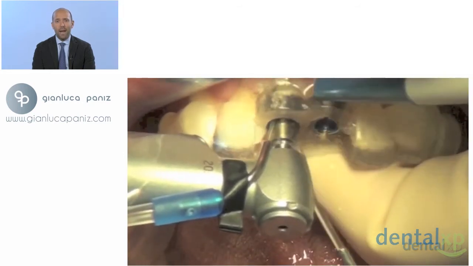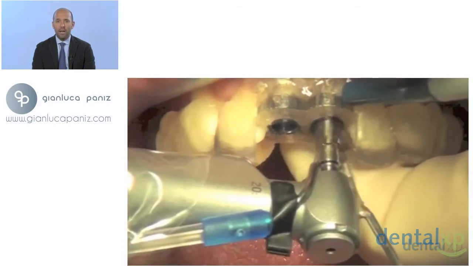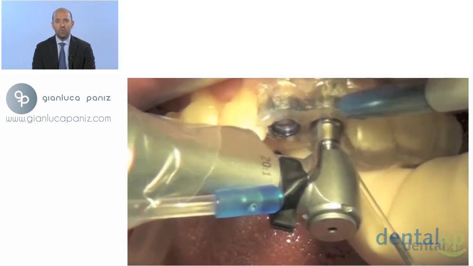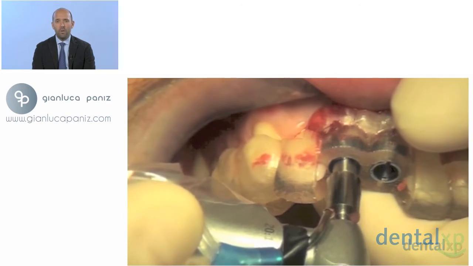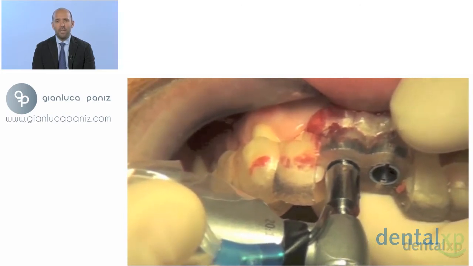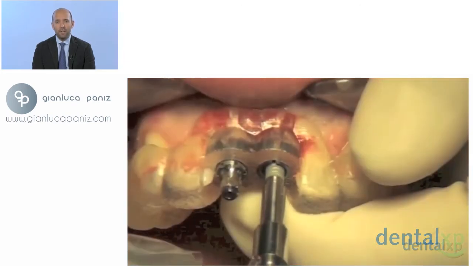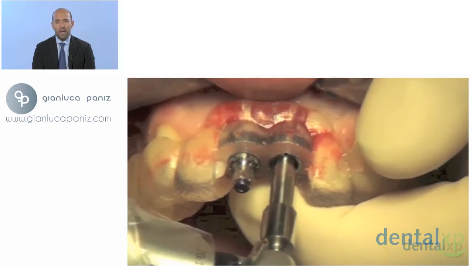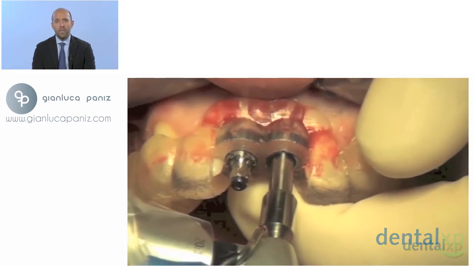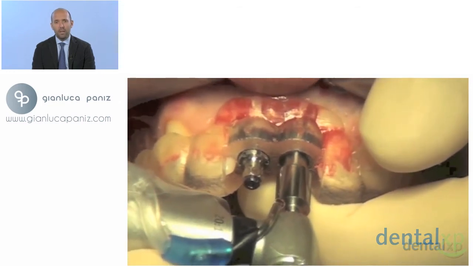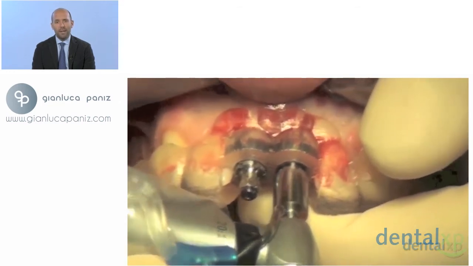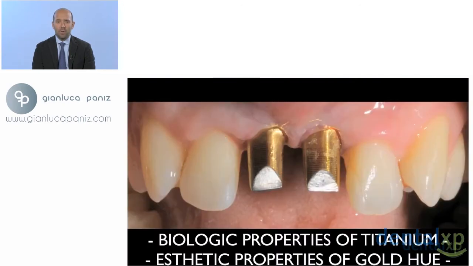And again, digital technology is really helping us because, as you can see in this video, we can plan the position of the implant and utilize surgical stents to position our implant flapless. We can deliver to our patients immediately, on the same day of the surgery, the definitive customized abutment and proceed with provisionalization, which in this particular case was fabricated with a titanium gold abutment and a cemented provisional restoration.